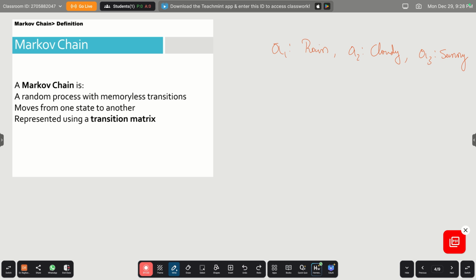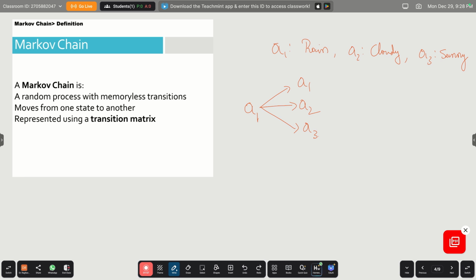So this moves from one state to another state. Say for example, today if it is rainy, state A1, it can be A1 tomorrow again, it can be a rainy day tomorrow also, or it can be a cloudy day, or it can be a sunny day.